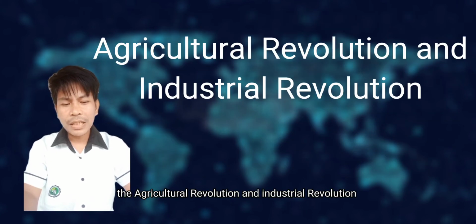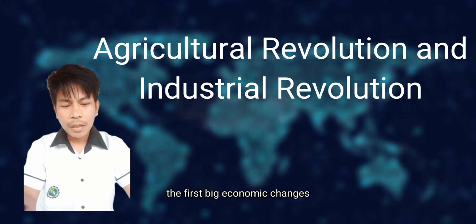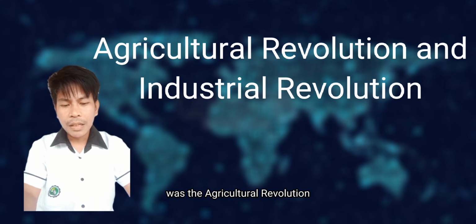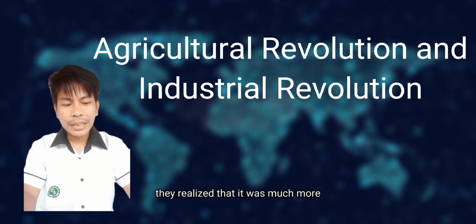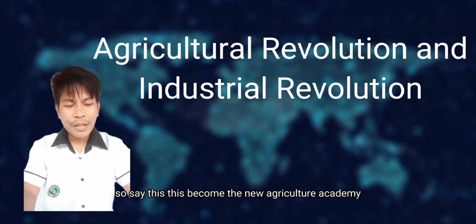The Agricultural Revolution and the Industrial Revolution. The first big economic change was the Agricultural Revolution, when people learned how to domesticate plants and animals. They realized that it was much more productive than hunter-gatherer societies.